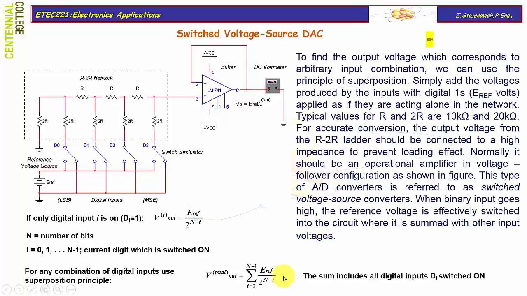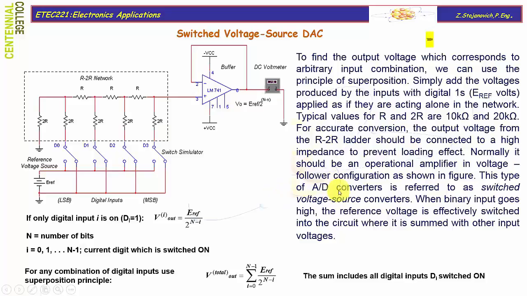Normally it should be an operational amplifier in voltage follower configuration as shown in the figure. As you can see, it's a buffer or non-inverting application with a gain of 1. By doing this, the input impedance that is attached now to the R2R network will be extremely high, and it will not influence the distribution of the voltages in the network.